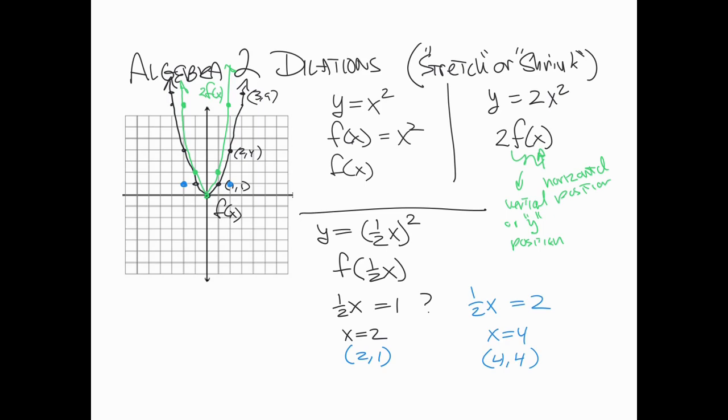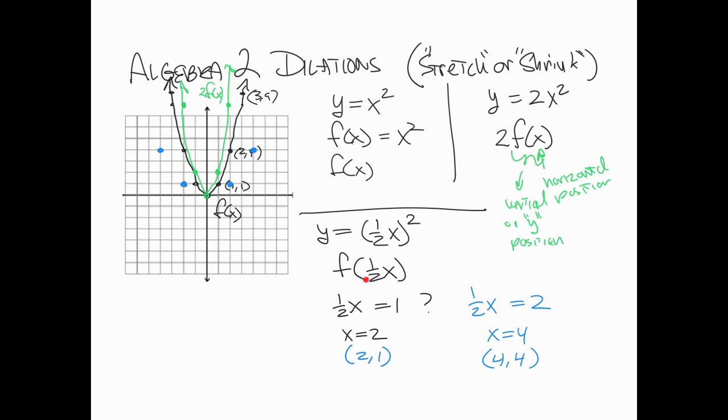So I can plot that one on the graph, and it's going to be a matching one at negative 4, 4. Whoa, okay. So we can do the same thing for the next point, which was at 3, 9. Again, that happened when the input to the function was 3 and we got 9 as an output.